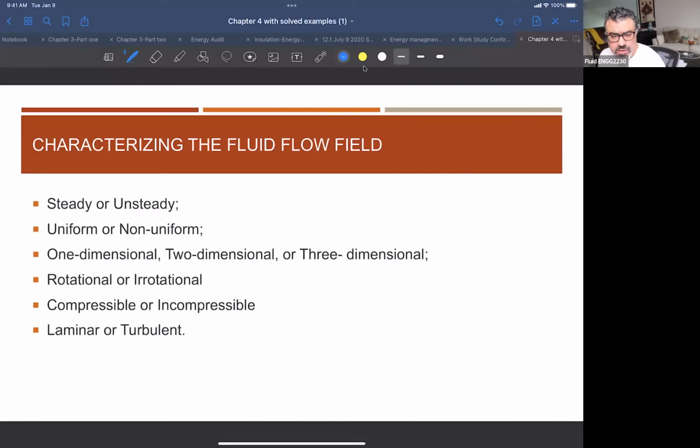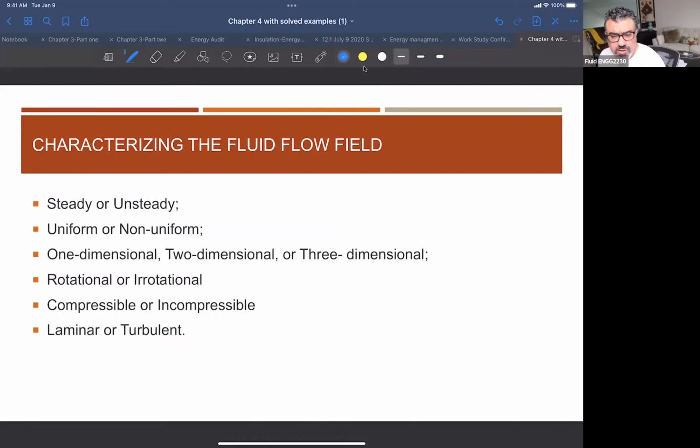What does ideal mean in fluid mechanics in this case? What do compressible versus incompressible fluid mean? And then the last part that we're going to cover in chapter 6, I think, will be laminar or turbulent flow. All these classifications are going to be important when we are dealing with analysis of fluid mechanics or analysis of fluid flow in a system.